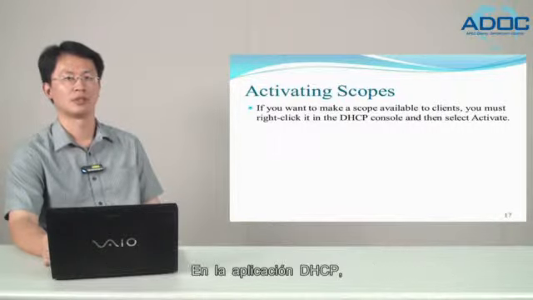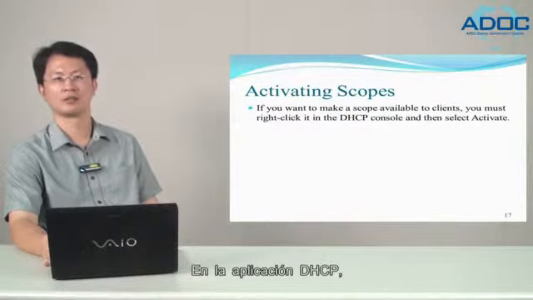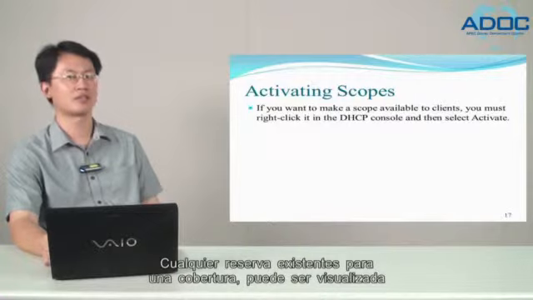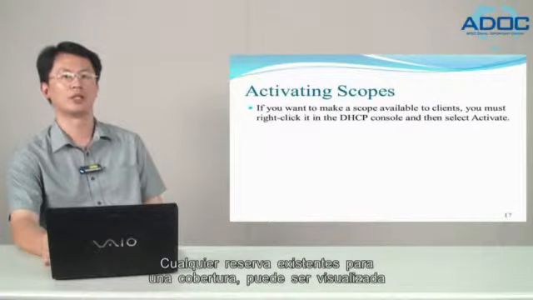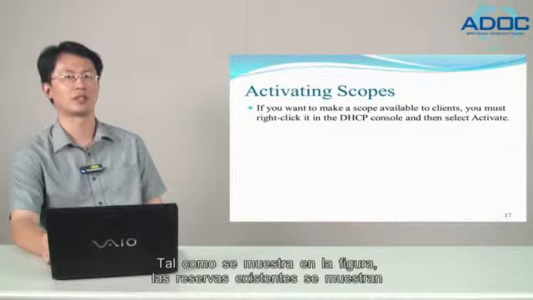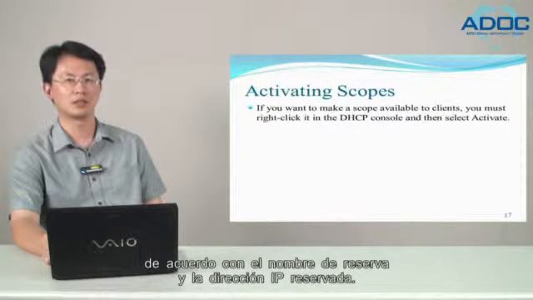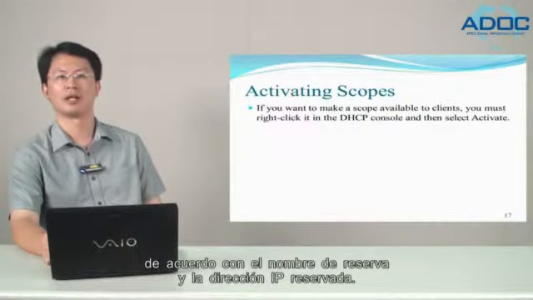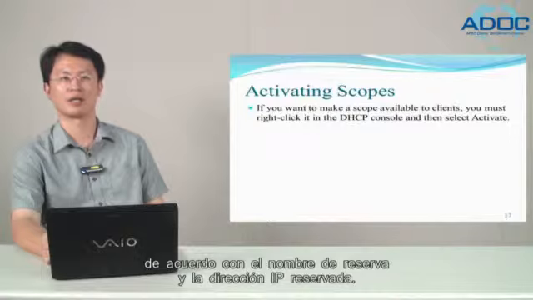In the DHCP console, any existing reservations for a scope can be displayed by expanding the scope and selecting Reservations. As shown in the figure, existing reservations are shown according to the reservation name and the IP address reserved.